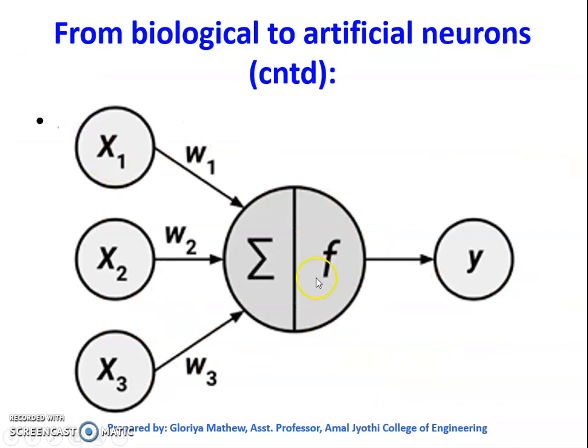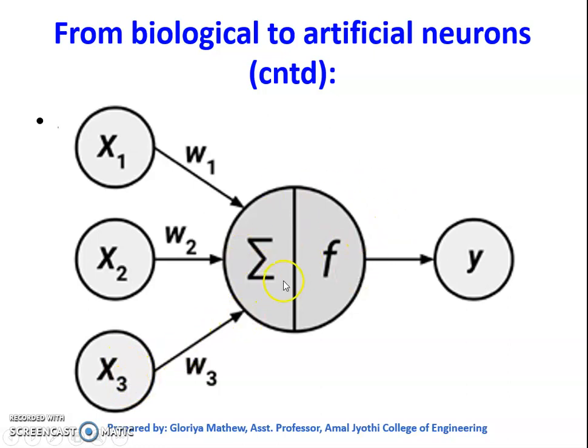Here in this directed network diagram, the variables x1, x2 and x3 are the input signals. W1, W2 and W3 are the corresponding weights of the input signals. W1 indicates the weight corresponding to the input x1, W2 indicates the weight corresponding to the input signal x2, and W3 is the weight for the input x3.